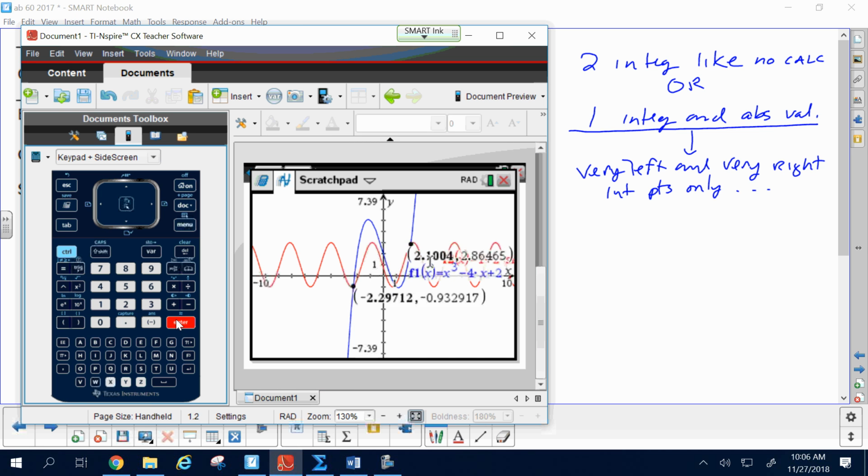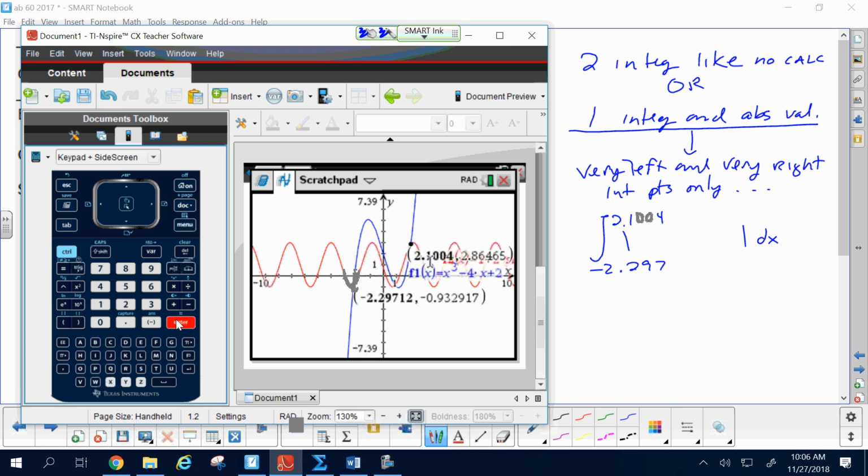Okay, so I would say something like, I'm gonna go, person reading this, from negative 2.297 to 2.1004, and to negate the possible upper minus lower error, I'm going to throw absolute value on it, so every height of every rectangle is positive.